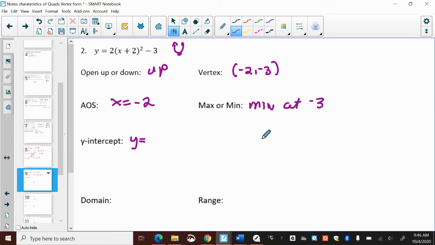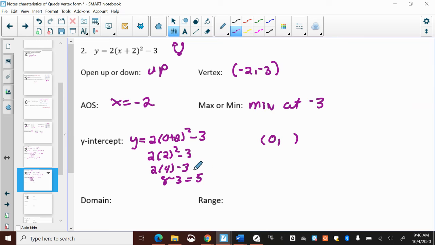To solve for your y-intercept, it's like you're plugging 0 in for x. We need to figure out what that y is. So it's going to be 2 times 0 plus 2 squared minus 3. That's 2 times 2 squared minus 3, which is 2 times 4 minus 3, so 8 minus 3.